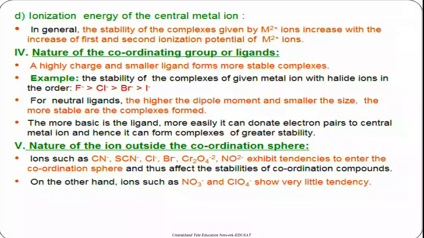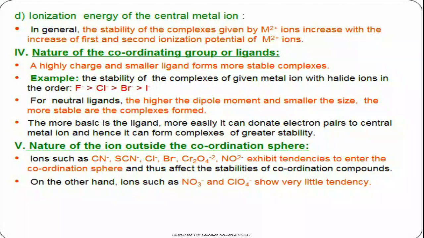For neutral ligands, say H2O or NH3, the higher the dipole moment and the smaller the size, the more stable the complexes formed. The more basic the ligand, the more easily it can donate an electron pair to the central metal ion, and hence it can form complexes of greater stability.